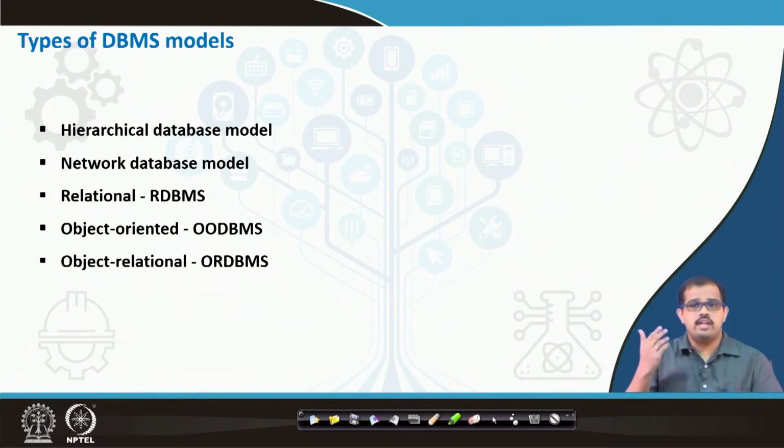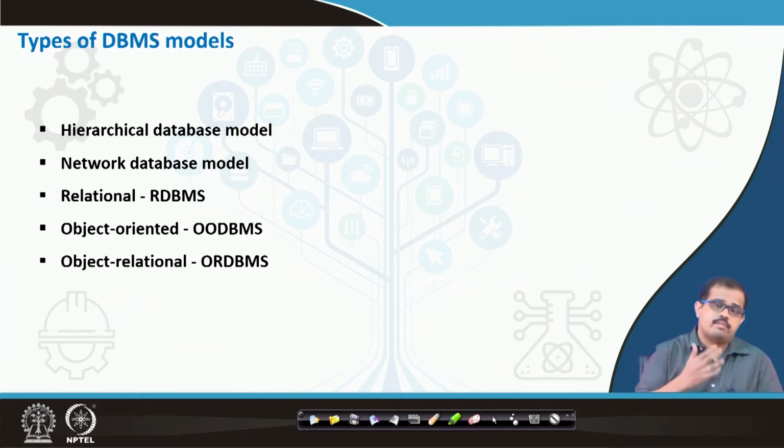These are very well known types of database management systems. There are a huge number of more interestingly developed database management systems which you can even look at on the web. But as of now, when we are looking at geographic information systems, these are the well used database management systems.